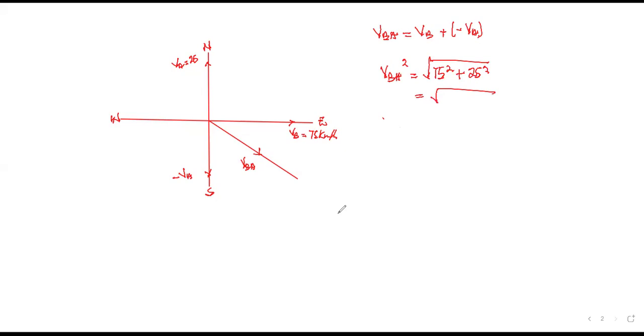What is 75 squared? 75 squared is 5,625.